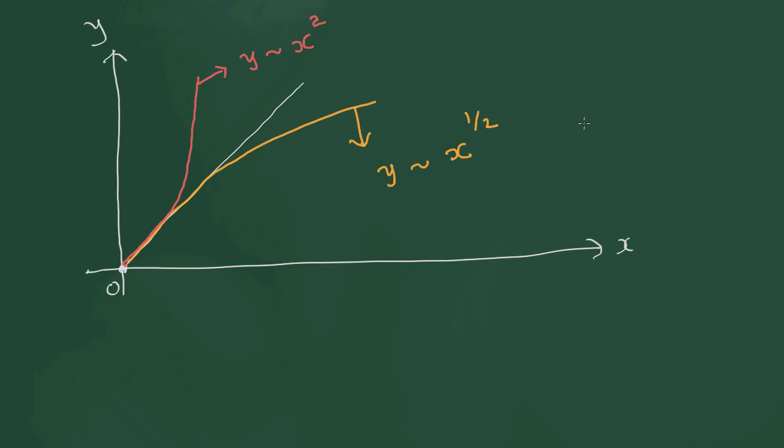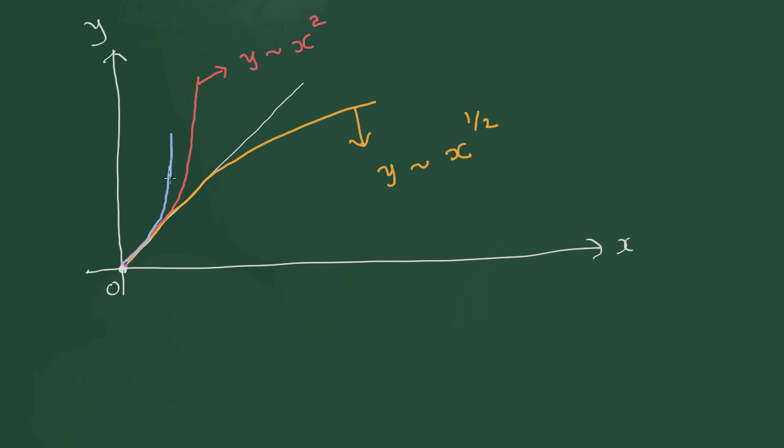Which means that you can now plot different curves of different steepness. Now you can imagine how to plot x to the power of 3. Can we plot x to the power 3 here? This is x to the power 2. X to the power 3 has to be much steeper, so deviate more and more.